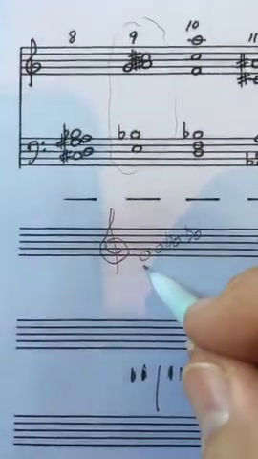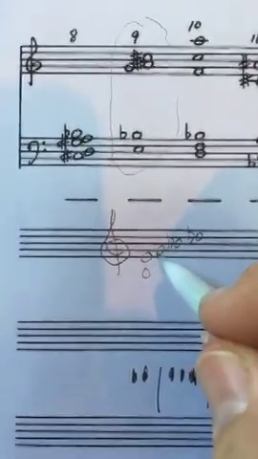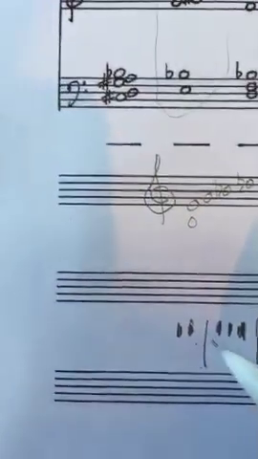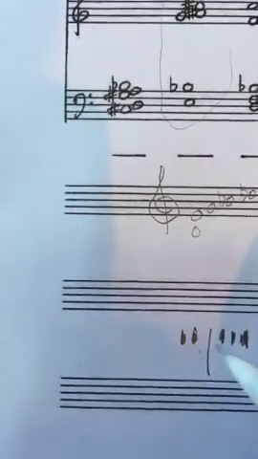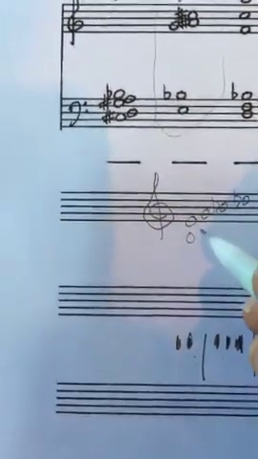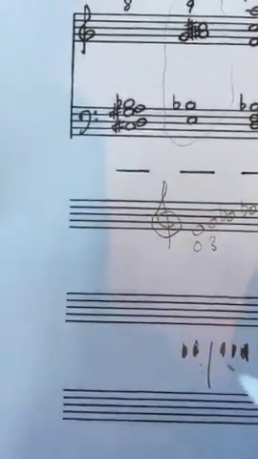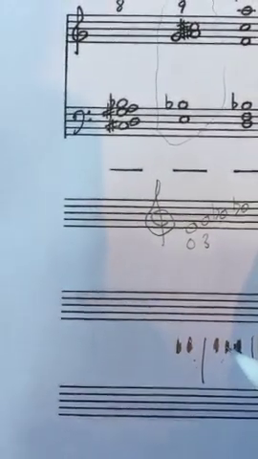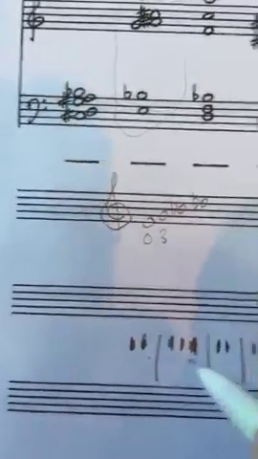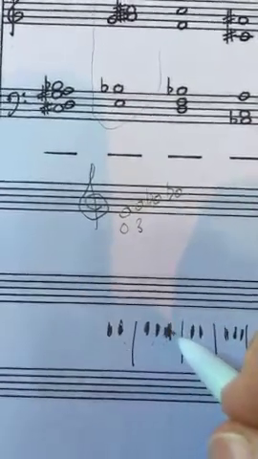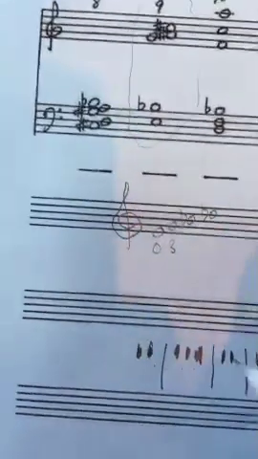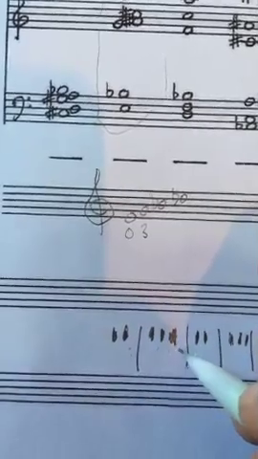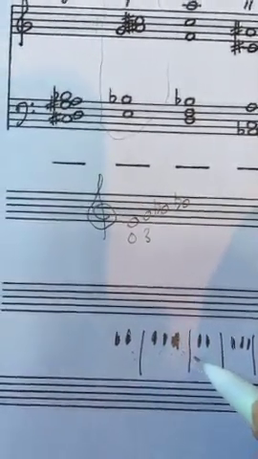And so that would be 0, up 3 semitones. There's E, F, F sharp, G, 3 semitones. And then up 3 more, 1, 2, 3 to B flat, and then 3 more: B flat, B, C, D flat.